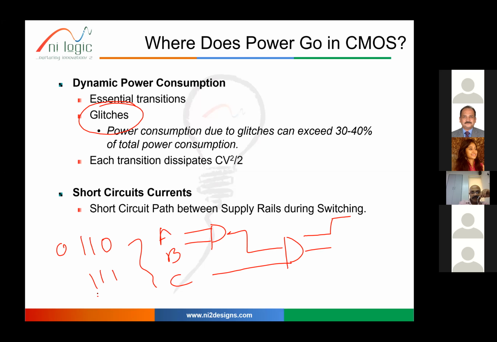The output was expected to go something like this, but instead the output goes like this. Now what is that? That is nothing but a glitch. So a glitch is a short, small spike at the output produced by the circuit due to improper balance of delays, and it is just a spike.